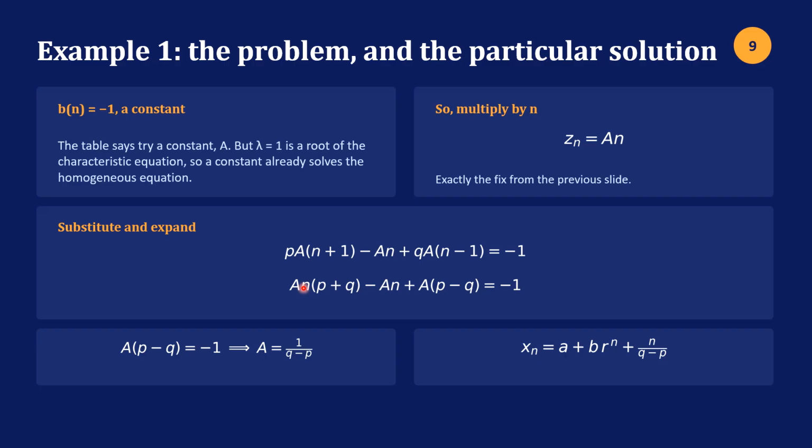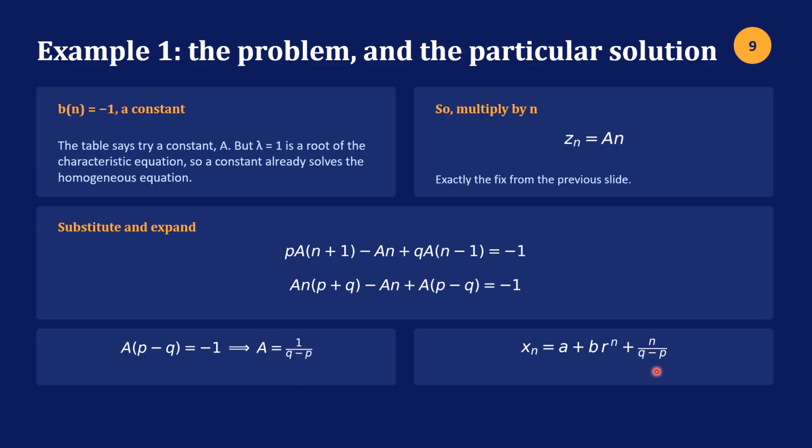So this n cancels with this, and then you get a times p minus q equals minus 1, which I've written down here. And then you can just divide. I switch the signs in the denominator.